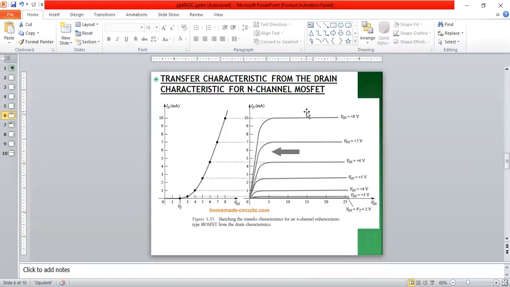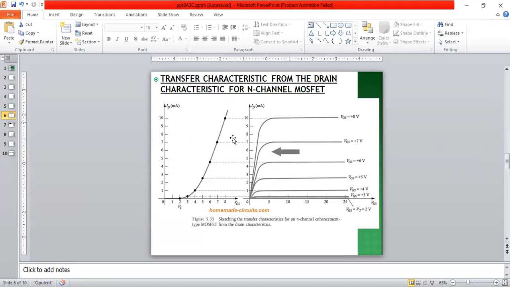Here we have found the values of VGS about 3, 4, 5, 6, 7 and 8. Then put some points corresponding to the values of VGS for different values of ID. We have to put some points here, and we can draw horizontal lines to find the points.